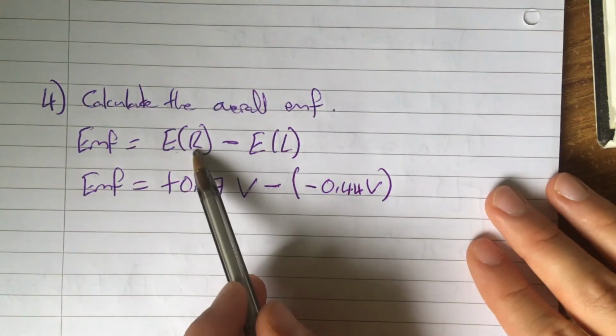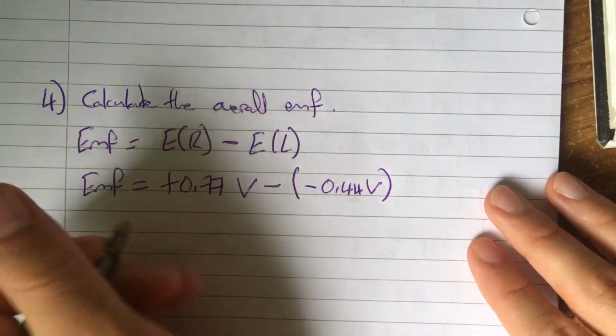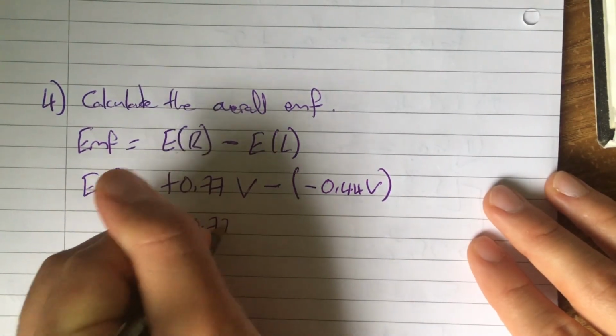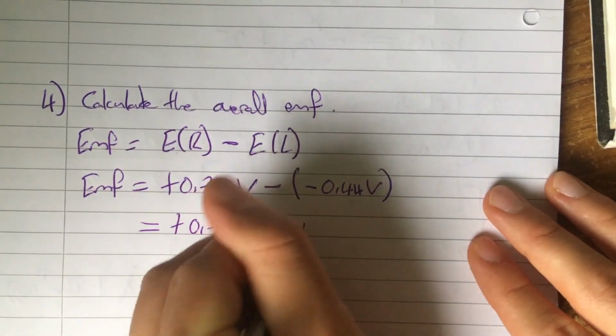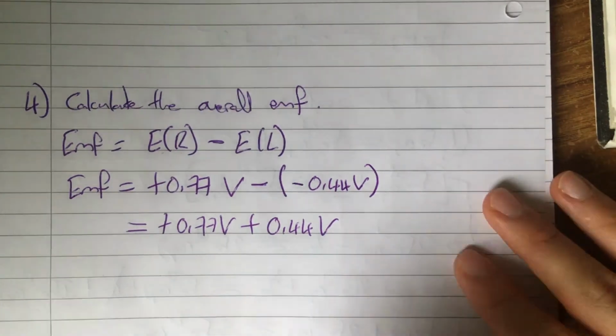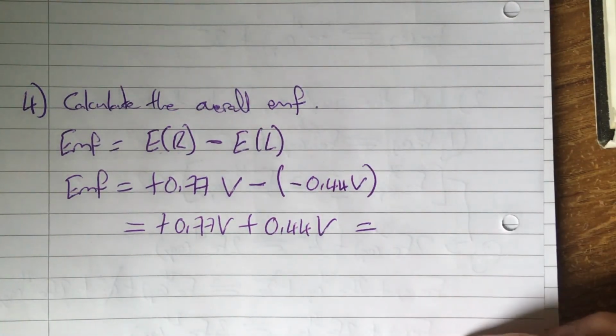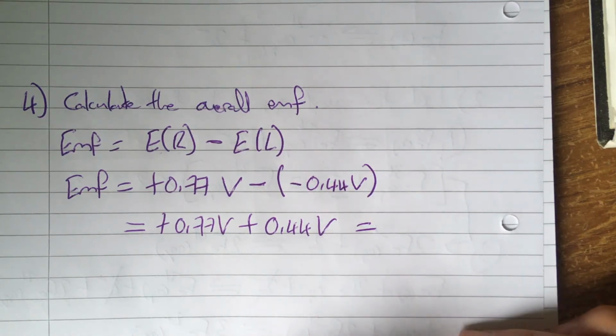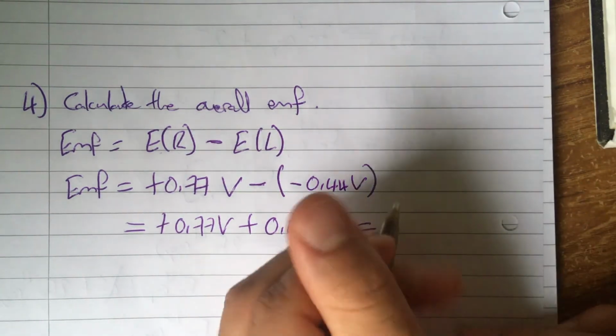So it's E of the right minus E on the left. Okay, so that's +0.77 volts plus 0.44 volts. Can I do that mental maths? That is 1.21 volts, I think.